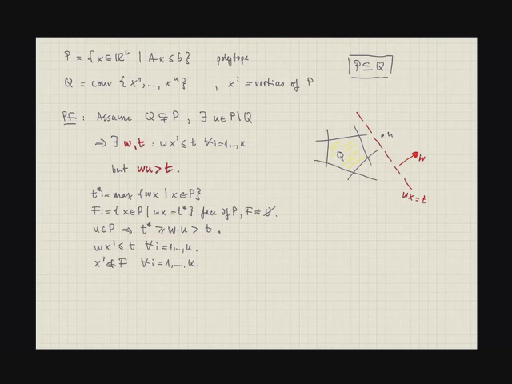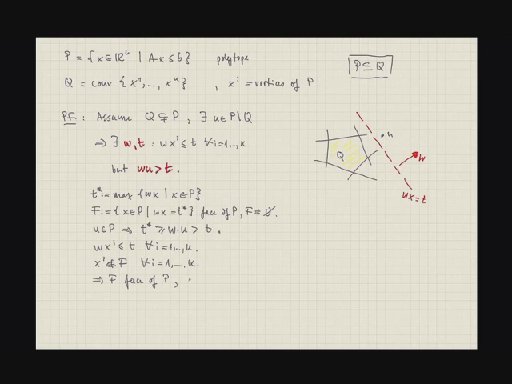Now, that means we have obtained the following contradiction. F, which is a face of a pointed polyhedron, a polytope, doesn't contain any of the vertices.